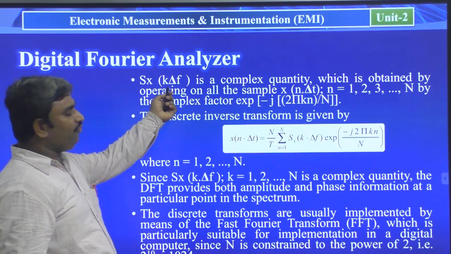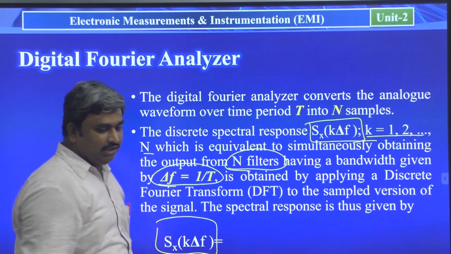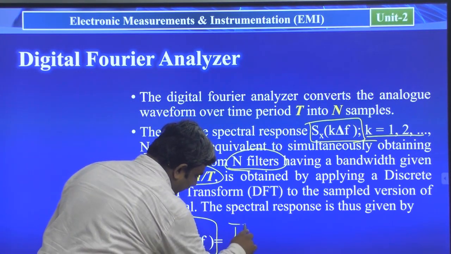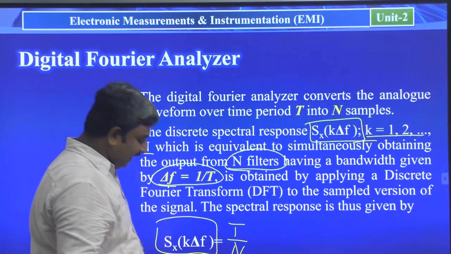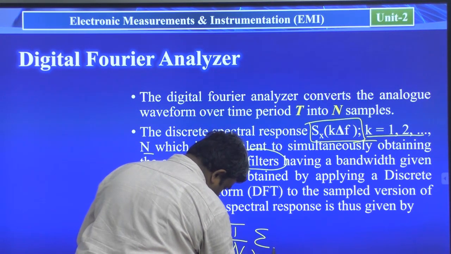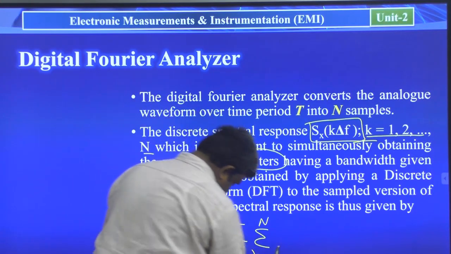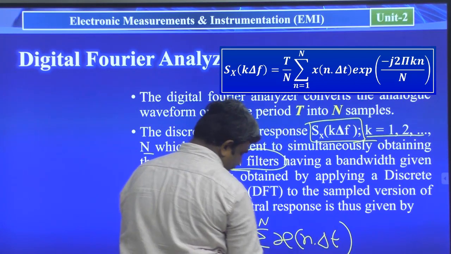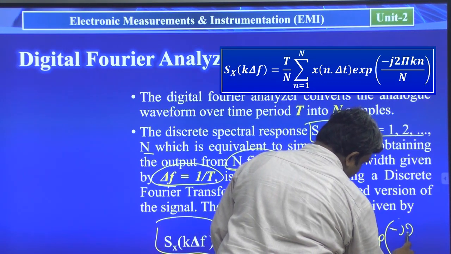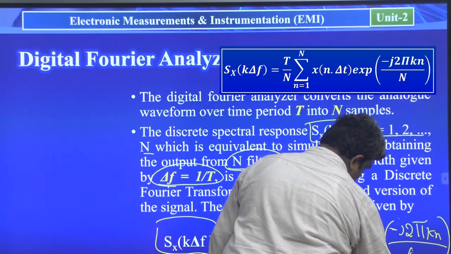So first of all, Sx of k del f is equal to T by capital N, sigma of small n is equal to 1 to capital N, x of n into del t, exponential of minus j 2 pi kn by capital N.